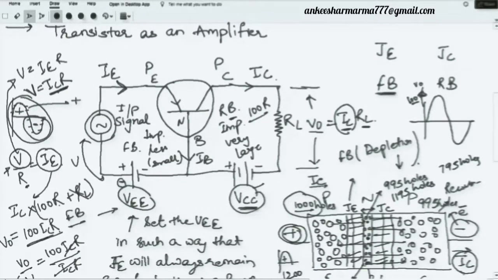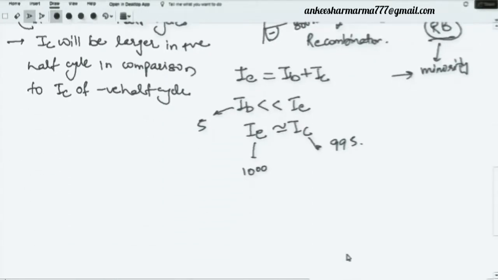Where we are doing amplification, we mostly use these transistors, or BJTs. These transistors are also called BJT, bipolar junction transistor. You all know that. So why are we using it? Because of this property, because of the transfer of the impedance. And this is what I discussed in the last class also, that at the input section we have small resistance or small impedance, and at the output section we have high impedance, high resistance.